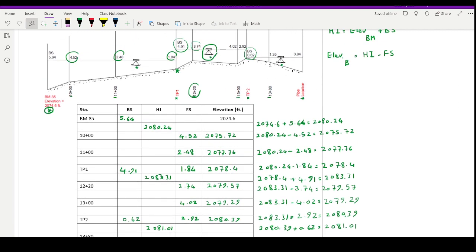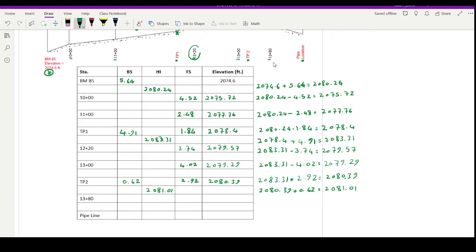The two FSs that I have are 1.35 and 3.84. Therefore, elevation at this one is going to be 2081.01 minus 1.35, and that will give us 2079.66.